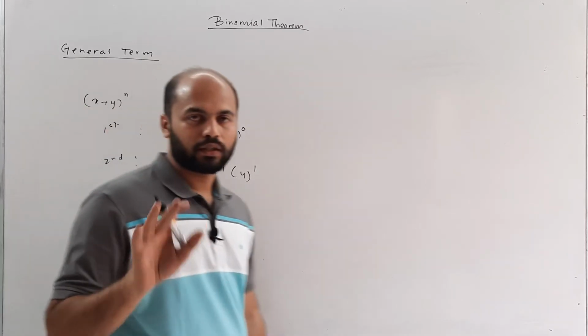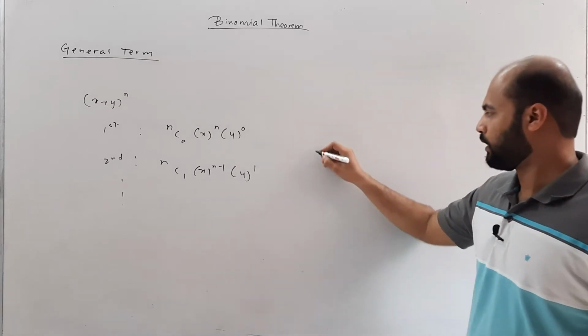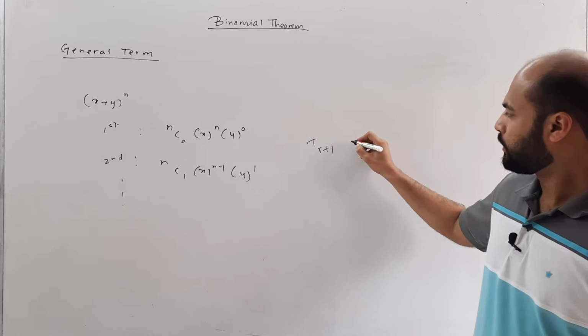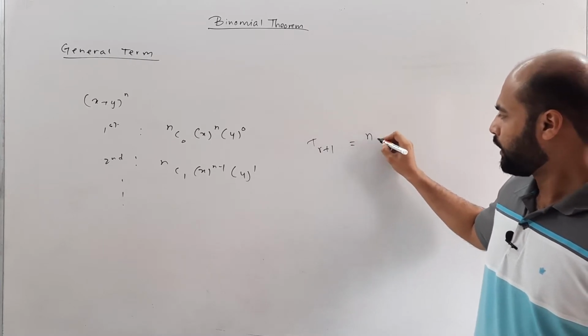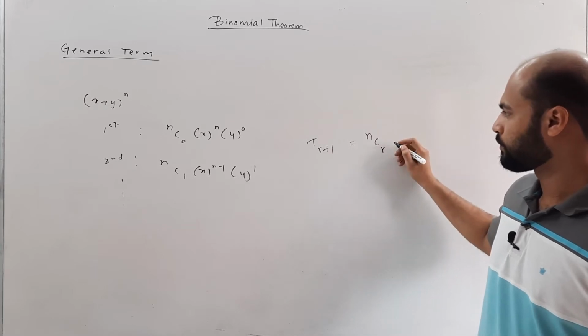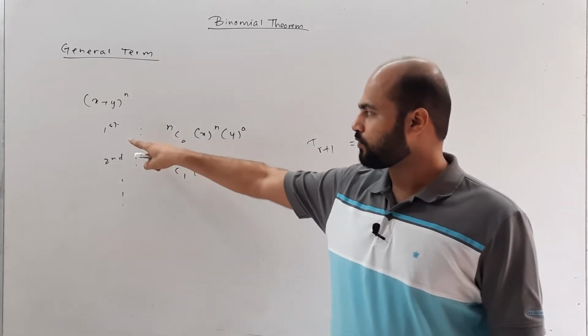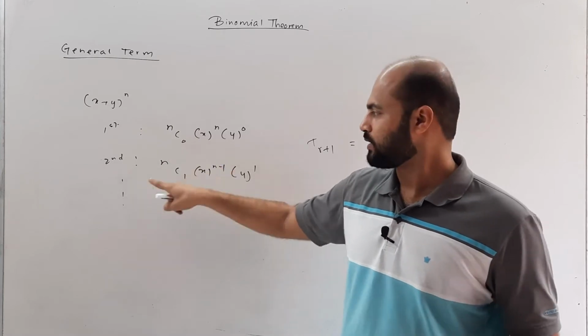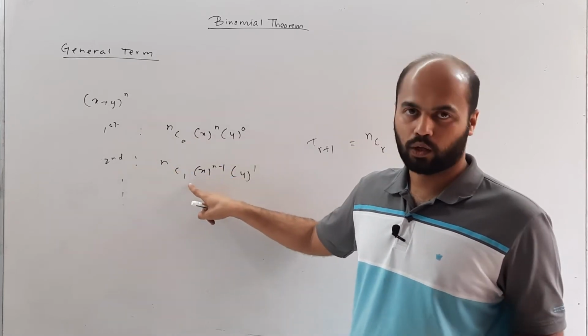So any general term, let's say that general term is going to be T(r+1), as we write it. This is going to be written as nCr, that is one factor less over here, because you can see that this is the first term and here there is 0, so it is 1 less. Here this is the second term and it is 1 over here.